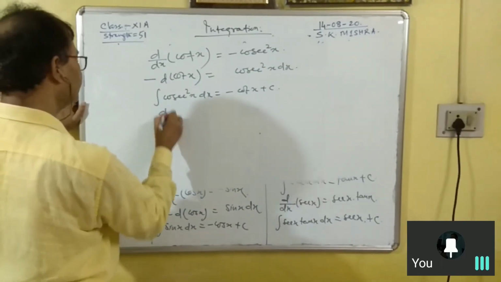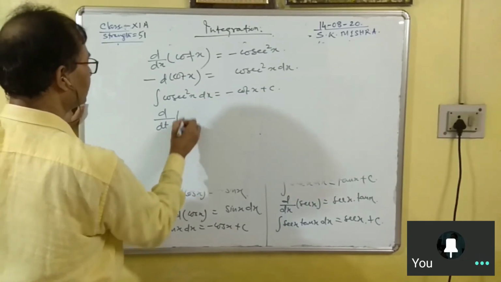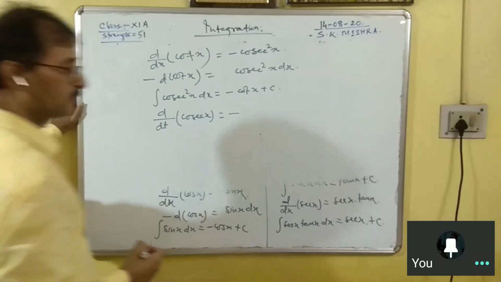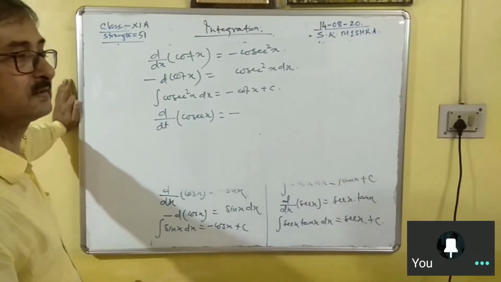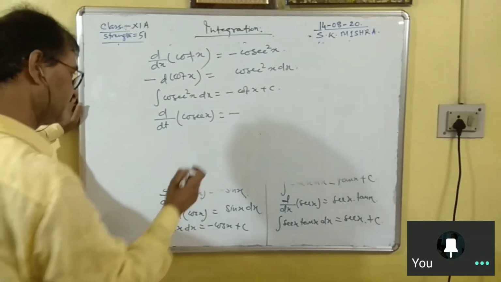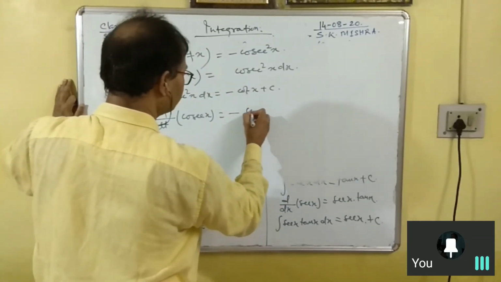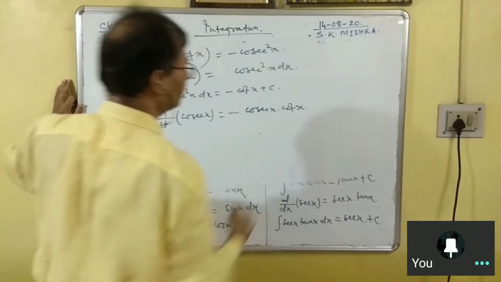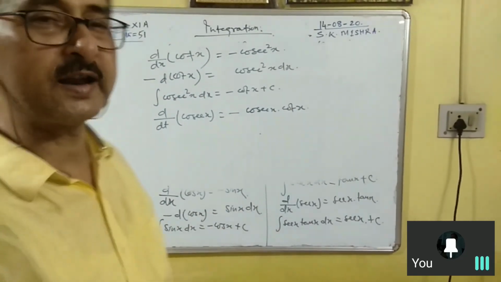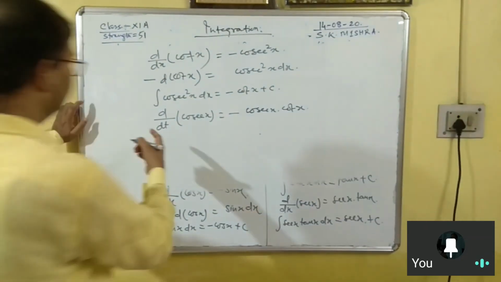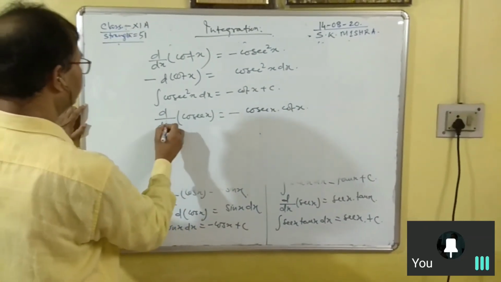Now what is d by dx of cosec x? It is minus cosec x into cot x. Am I right? Minus cosec x into cot x. So d by dx, not dt, dx.